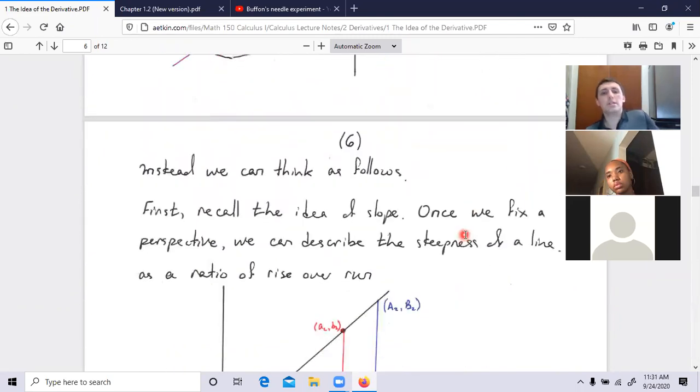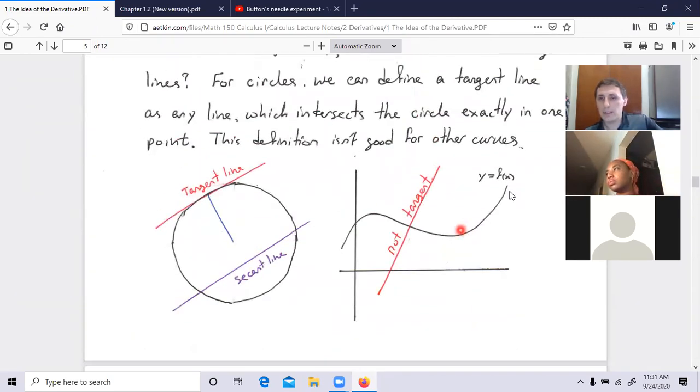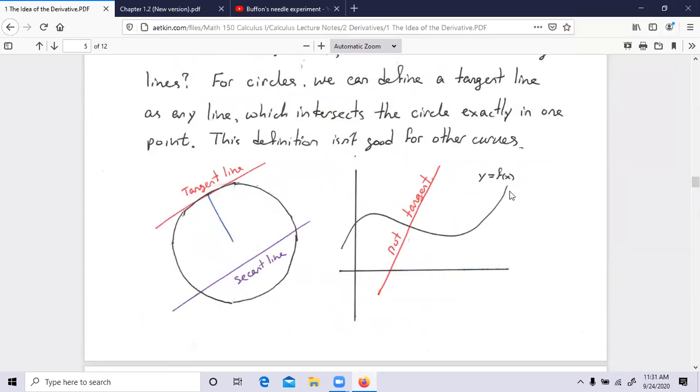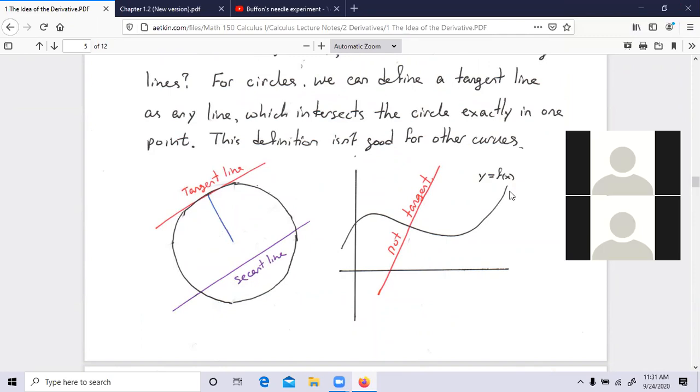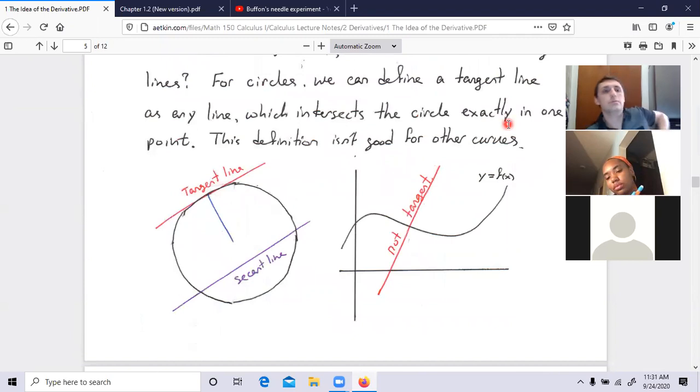So first, let's review what lines are. So let's recall the idea of slope. But before I do that, by the way, let me see what you think, guys. I mean, I'm always talking there. I'm not sure what you do there. Tell me, please, I want comments or conversation. What is a slope? What is it measuring? Why does it work?